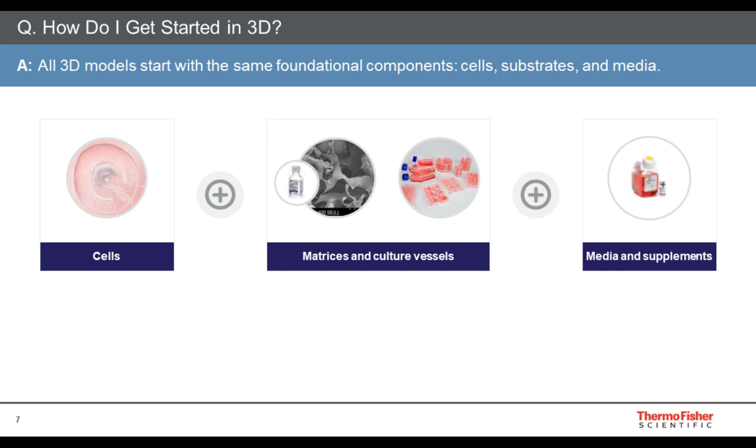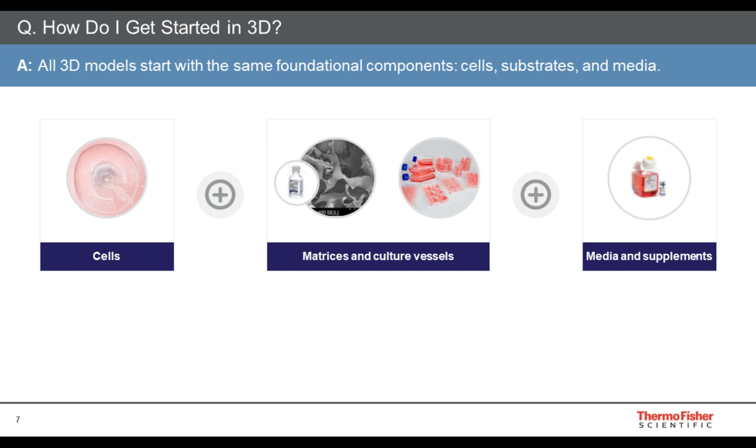So many 3D models, in order to grow in a 3D configuration, and also to help enhance their differentiation and physiological relevance, sometimes cells are grown embedded or fully encased inside of a basement membrane extract. So instead of growing cells on top of a thin coating, now you've got to deal with this material that's typically temperature sensitive, so you have to work on ice, which limits scalability in many ways. So it's definitely another thing that a researcher needs to be aware of.